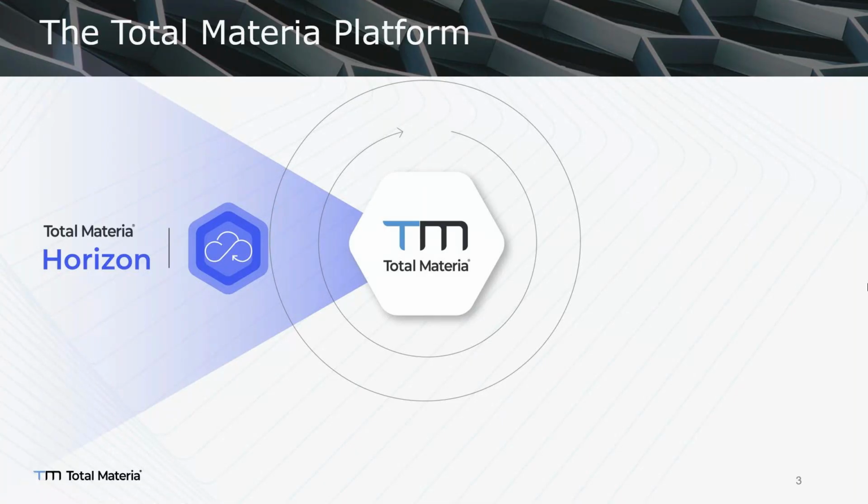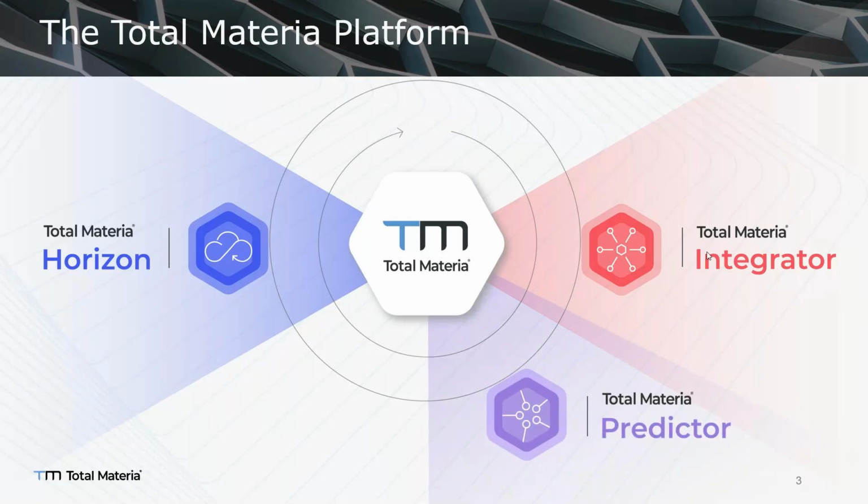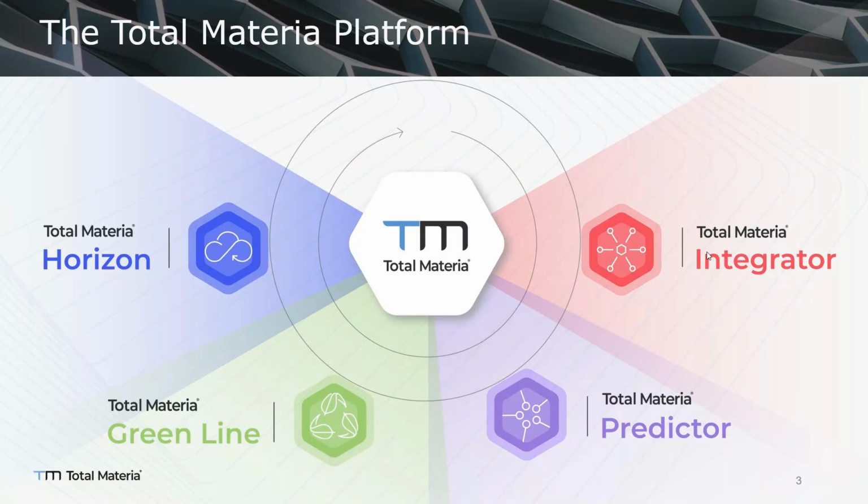So we initially consist of Tool Materia Horizon, which is a database itself that contains all these material designations, standards, data points, and all the material information that we're going to showcase today, as well as Tool Materia Integrator, which is your own private materials data management system for you to integrate your own materials within your organization, as well as Tool Materia Predictor, which helps you predict missing properties by employing applied machine learning and filling the gaps for the properties that you weren't able to find within Tool Materia Horizon, as well as Tool Materia Greenline, which deals with materials compliance and sustainability.